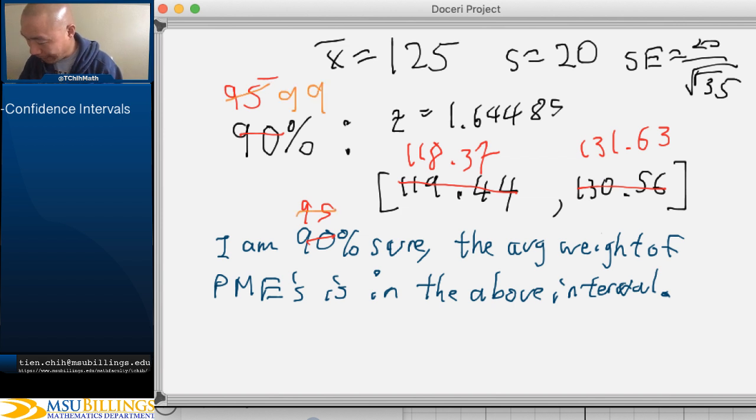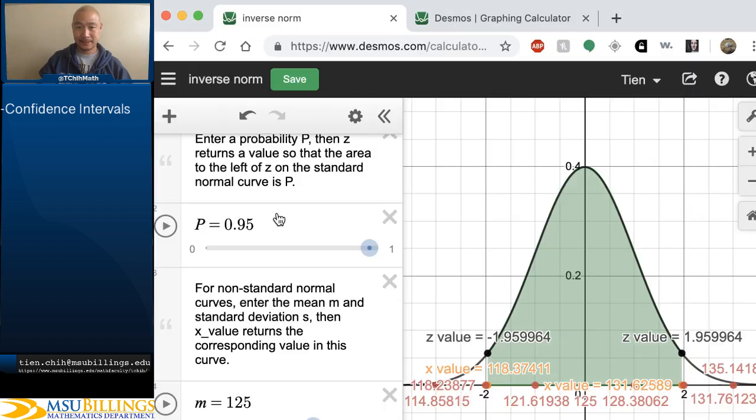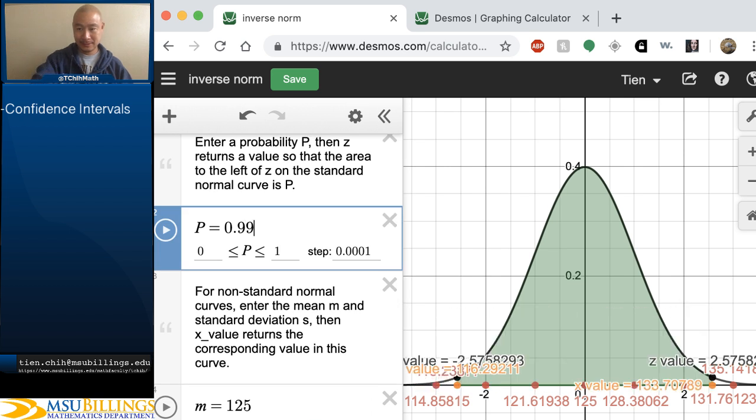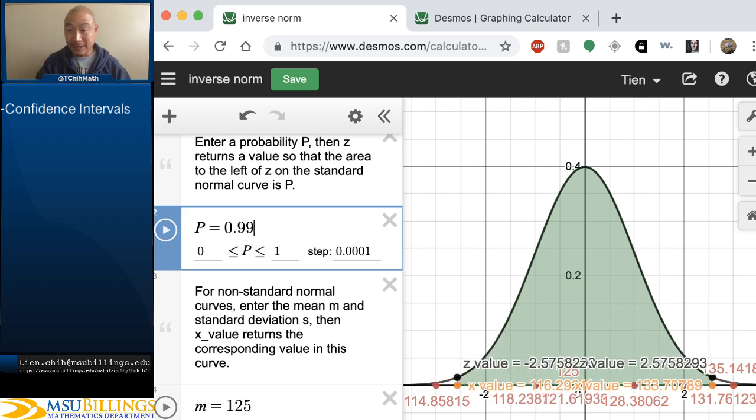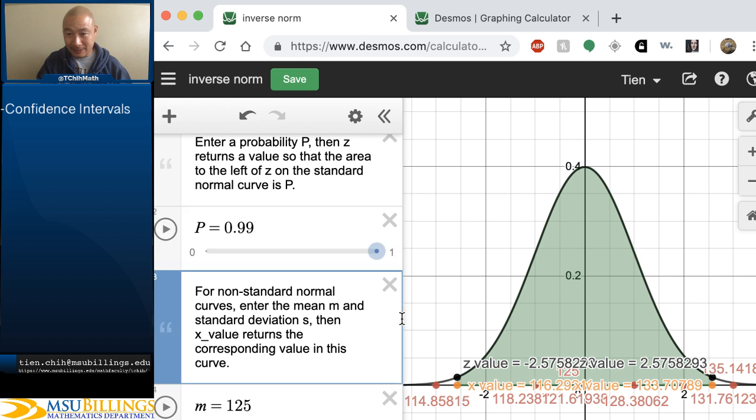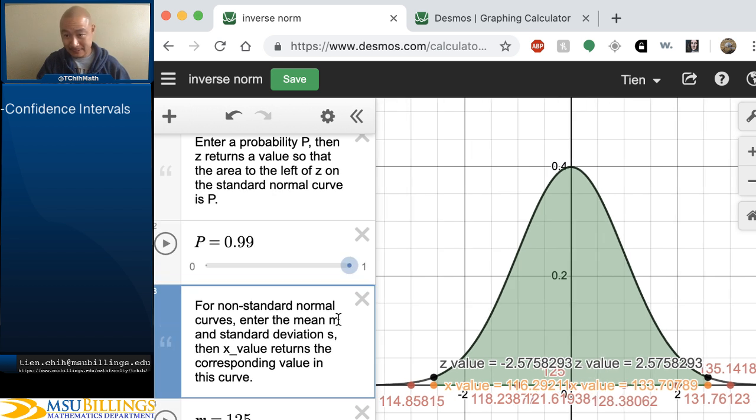So I need to go out now further, right, in both directions in order to get 99%. Then I bump that up to 99. And on the left, I get 116.29. And on the right, I get 133.71.